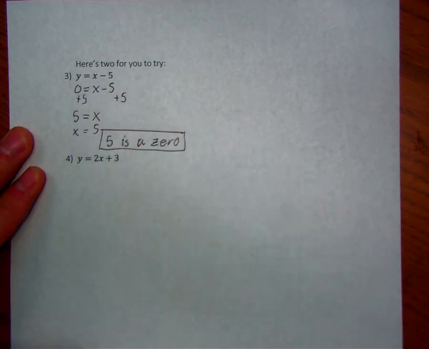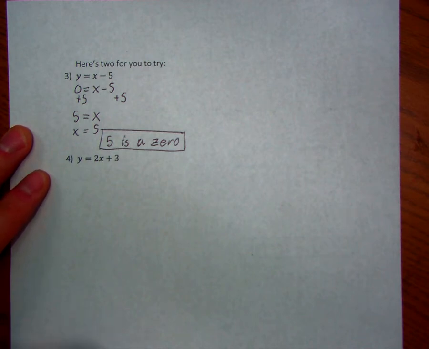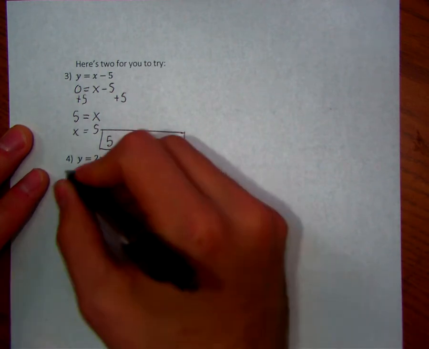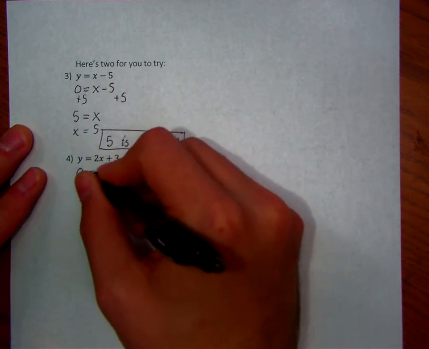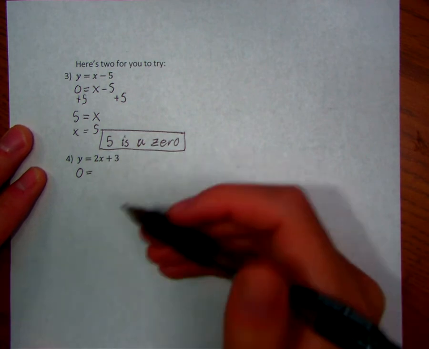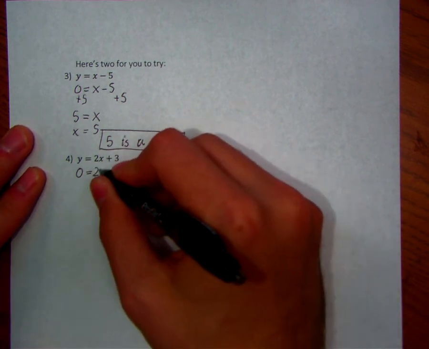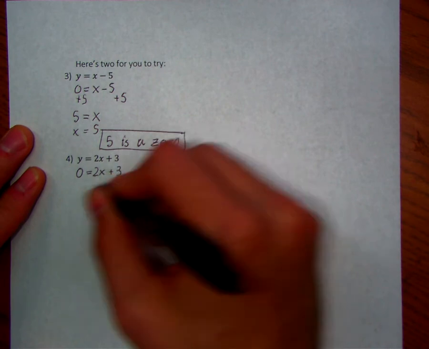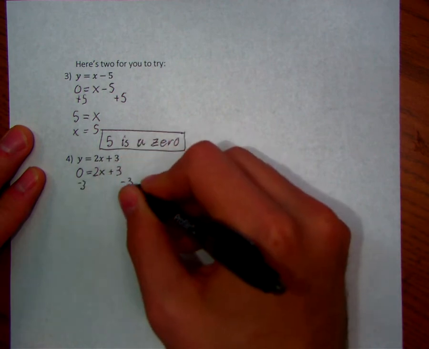Try this one. Okay, so when y is equal to 0, what's my x value? Whatever it is is going to be my 0. It's going to be the answer. So I set y equal to 0. I'm going to subtract 3 from both sides.